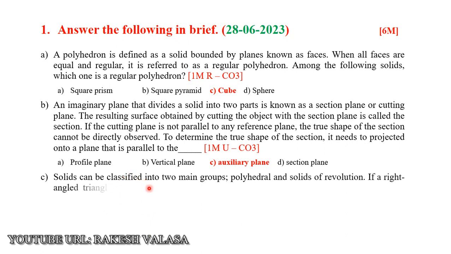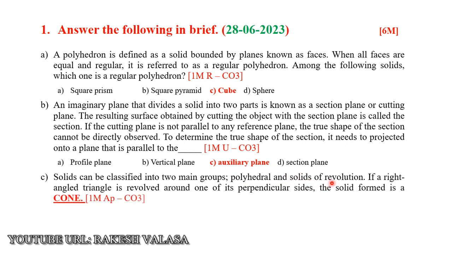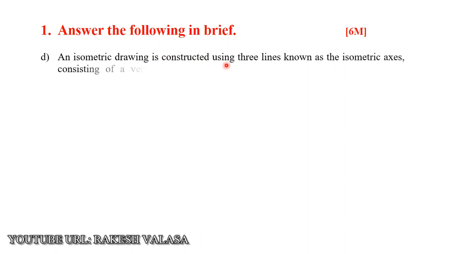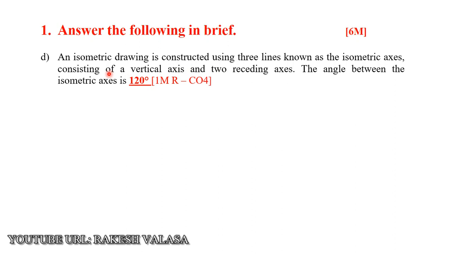Question number C. Solids can be classified into two main groups, polyhedral and solids of revolution. If a right angled triangle is revolved around one of its perpendicular sides, the solid form is a cone. Question number D. An isometric is constructed using three lines known as isometric axes, consisting of a vertical axis and two receding axes.